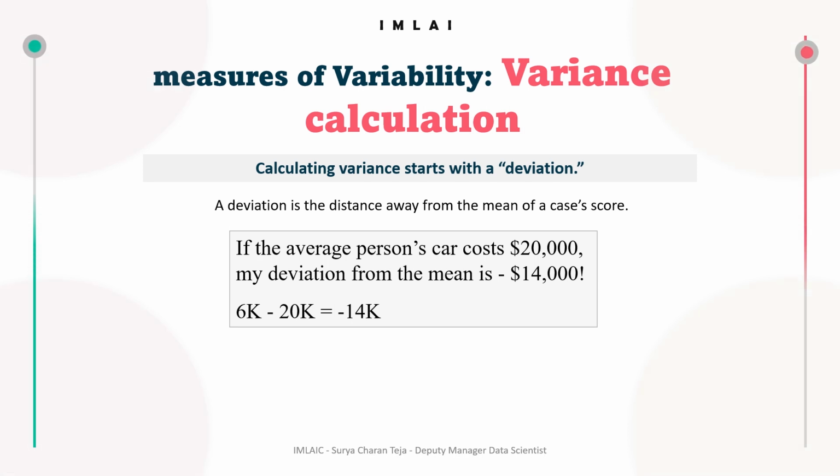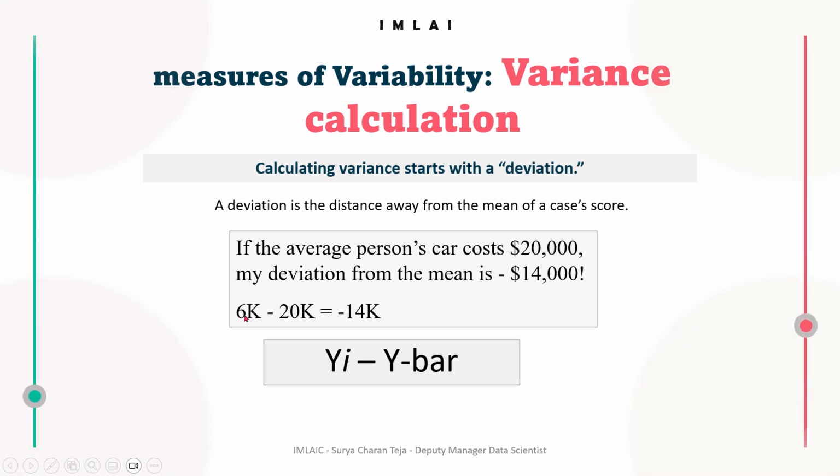That's how we calculate the deviation. So deviation is the distance away from the mean of a case score. The formula is yi minus y bar, where yi is the individual score or individual value, and y bar is the mean of the population.